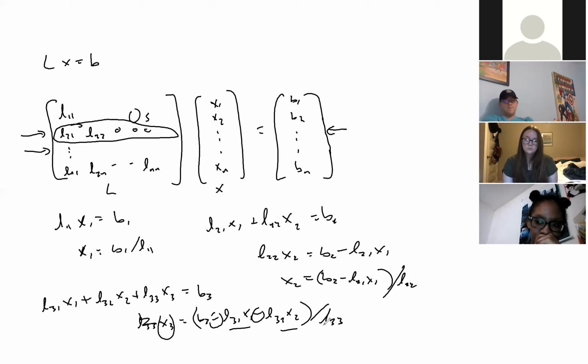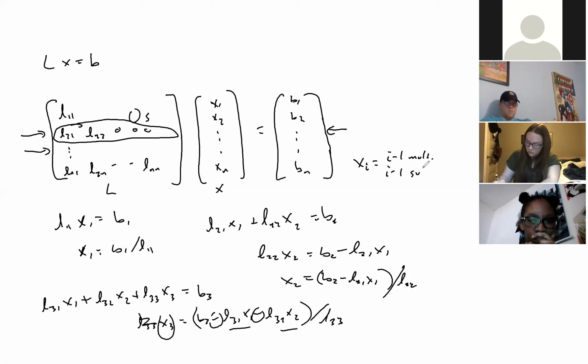Okay, and you can kind of pick up on the pattern of what it's going to take here. For x in general, for xi, you're going to need i minus 1 multiplications, i minus 1 subtractions, and 1 division.